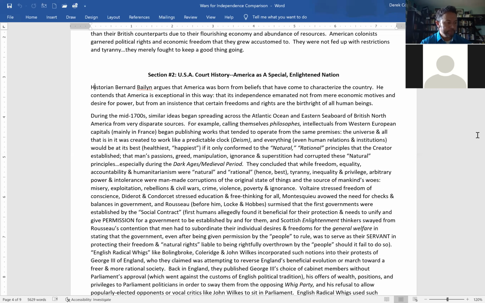And they also attacked the Anglican Church, the state church of England, the government-sanctioned church, for abuses of power, etc. So you had the Scottish Enlightenment as well, and you had the Great Awakening. The Great Awakening to me was largely about conditional deference.